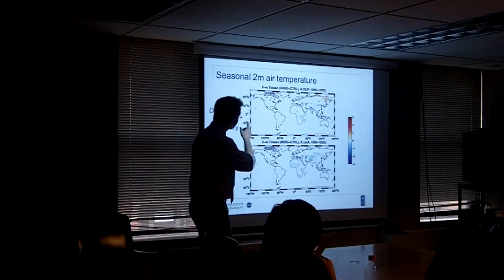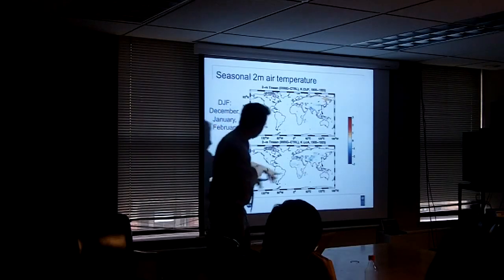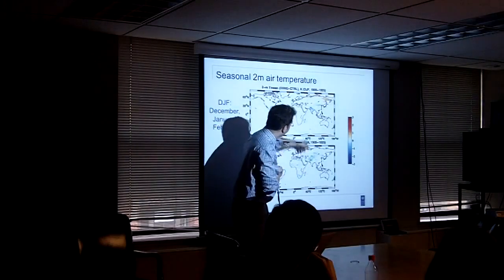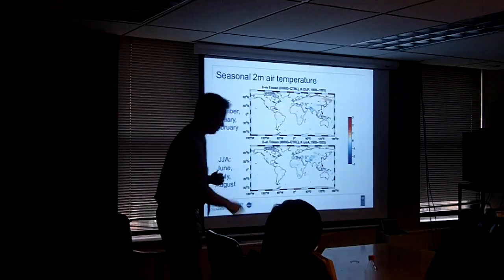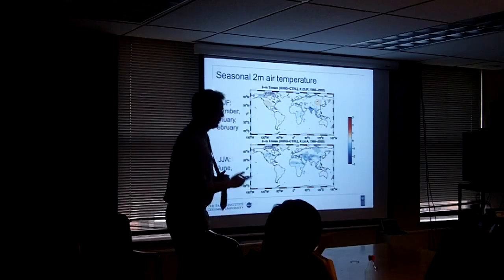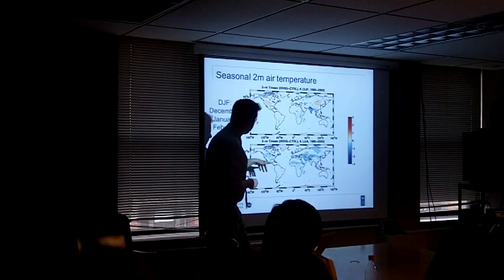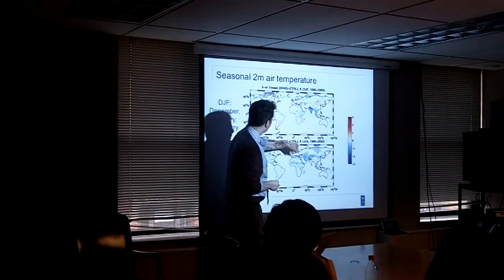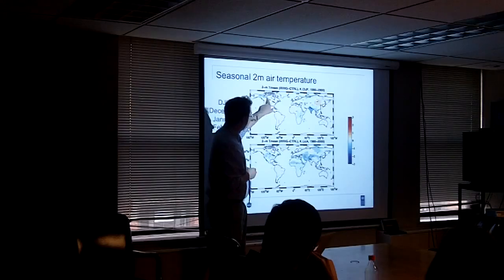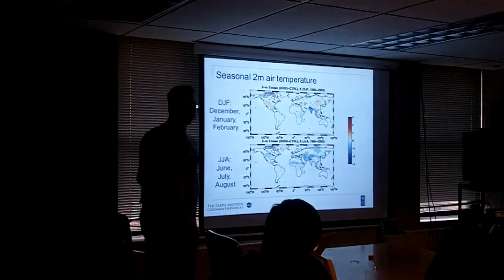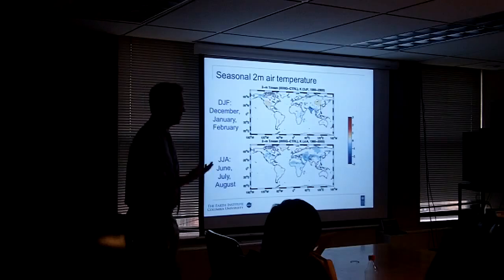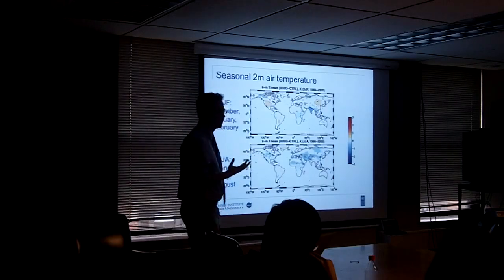The temperature, as we would expect, shows cooling in areas where you had increased evapotranspiration. That's early 20th century, and again late 20th century you see some more cooling, and then in December, January, February you have warming. Again, this is another non-local impact that you wouldn't have so much confidence in.